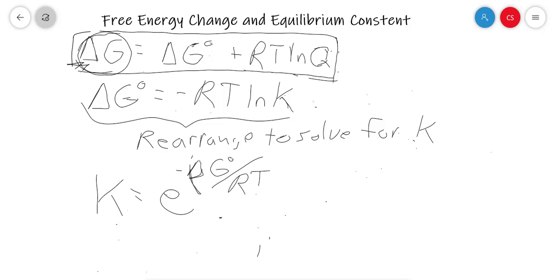That whole thing is in the exponential. We get an exponential because we were taking the inverse of the natural log function, the antilog, which is the exponential.